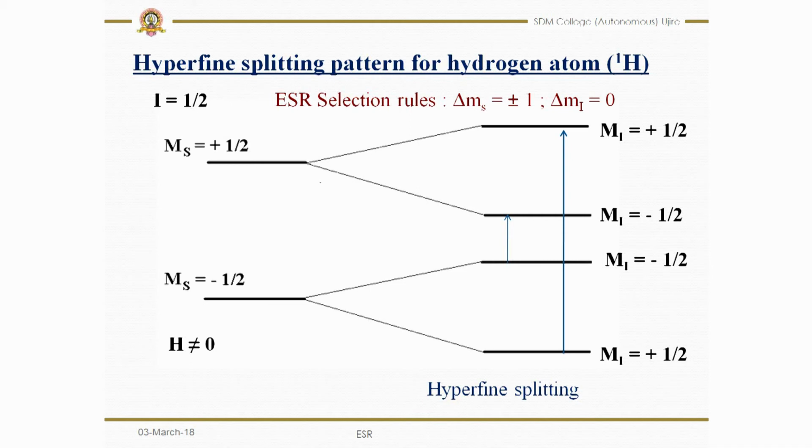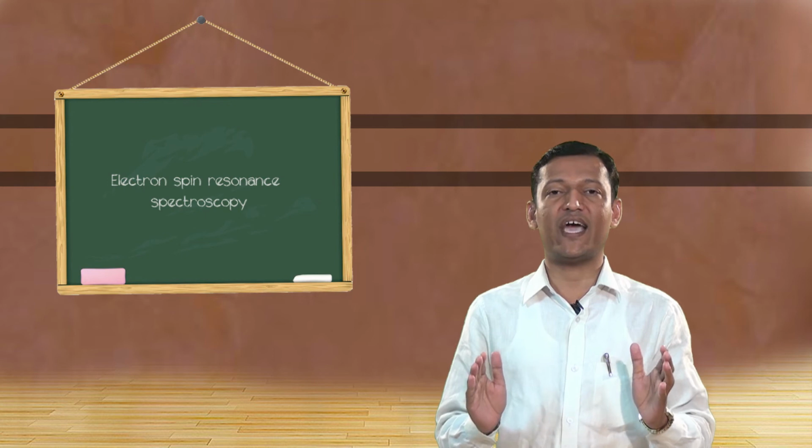When a free radical is placed in a magnetic field, its degenerate energy level splits, and we find two non-degenerate energy levels. These two split ms states interact with the nucleus having nuclear spin quantum number I equal to half. So each spin state splits into two more energy states with mi values plus half and minus half. In this way we find four different energy levels.